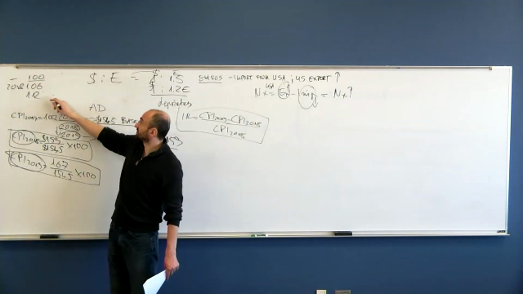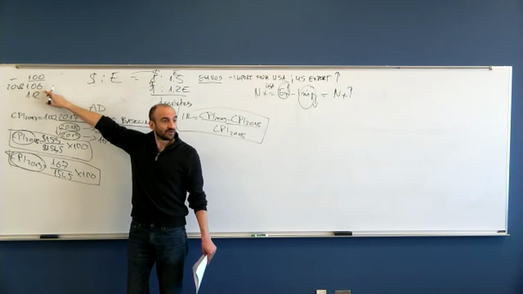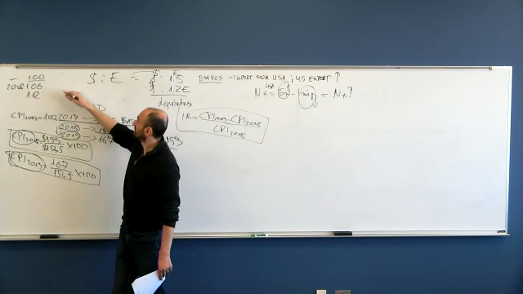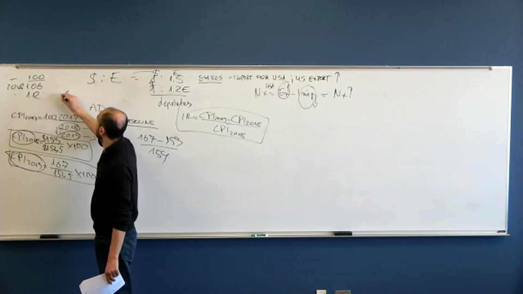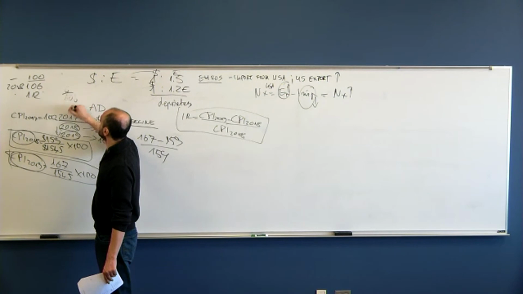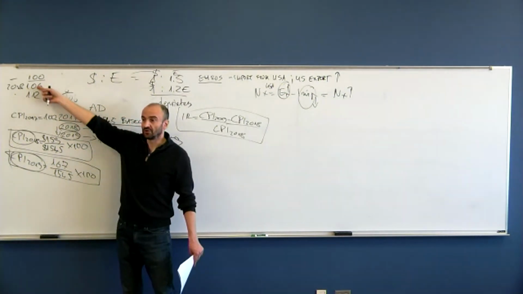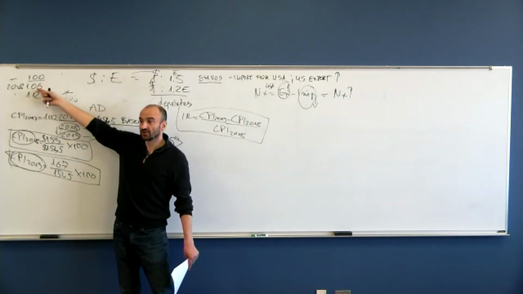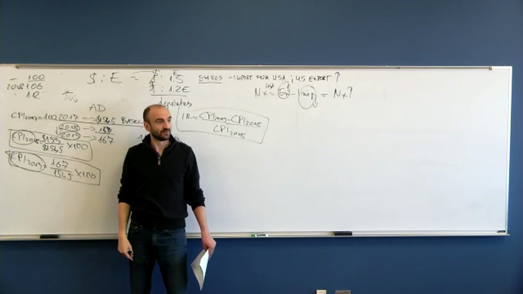And here your denominator is 106 now. So the correct change is 6 over 106: the change over the initial, later year minus earlier year over the earlier year.